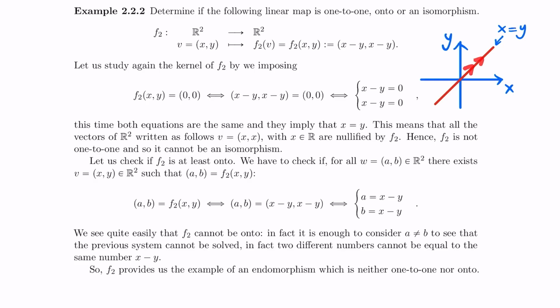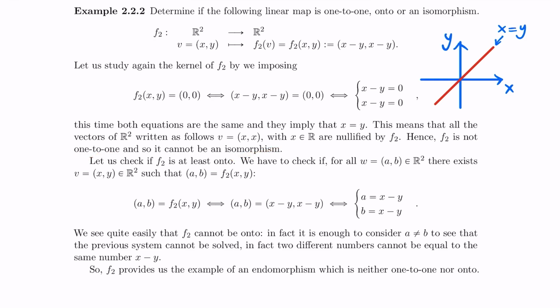All the vectors that lie on this diagonal belong to the kernel of F2 because they have the same x and y. Since the kernel of F2 is not reduced to the only null vector of R2, F2 is not 1 to 1, and so it cannot be an isomorphism.